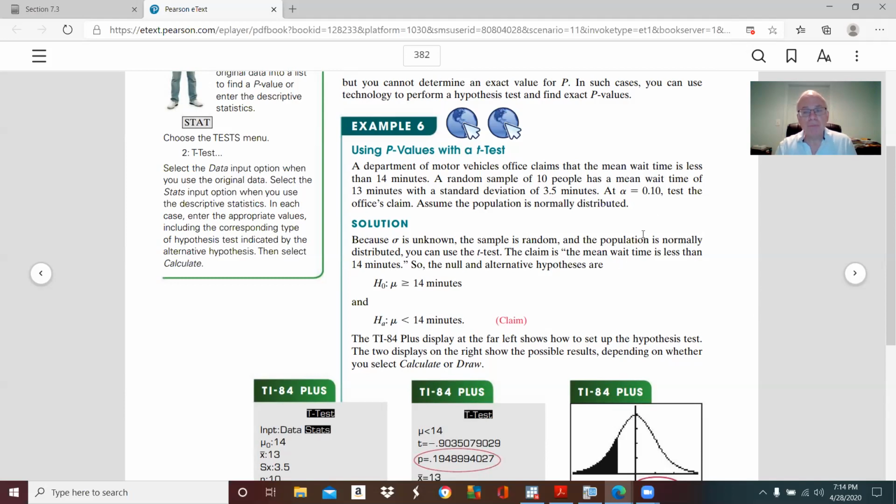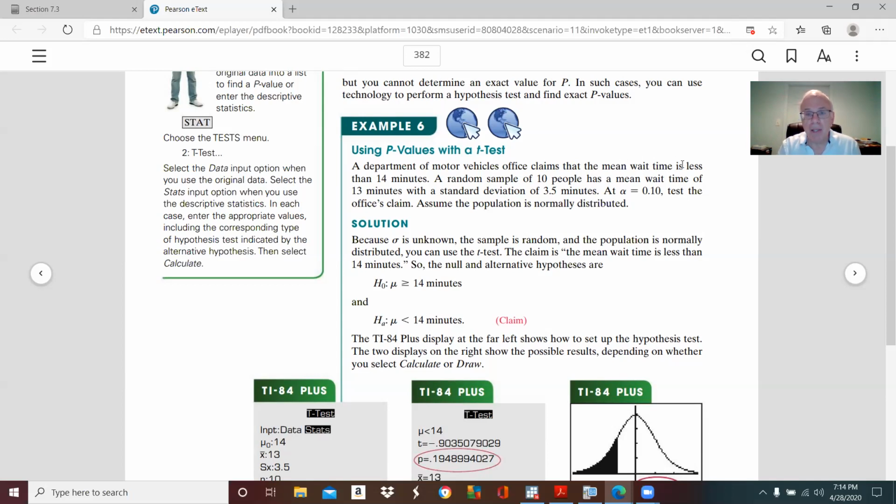Now, if you read the claim again, it has the phrase less than 14 minutes. Less than is a phrase that's used in the alternative hypothesis. Remember, the null hypothesis only has equal signs in it. Either it'll have an equal sign, or less than or equal to, or greater than or equal to. The alternative hypothesis will have not equal to, or less than, or greater than.